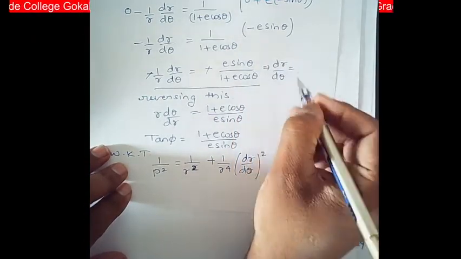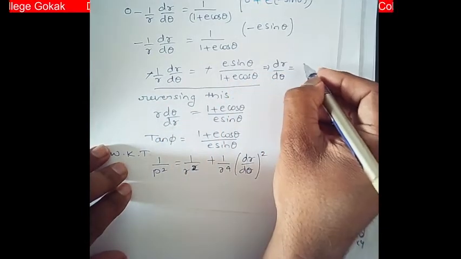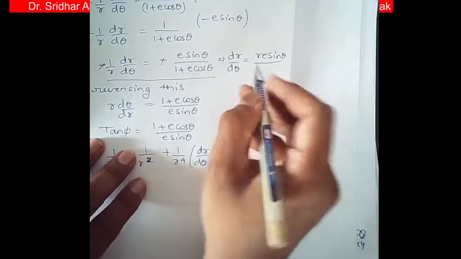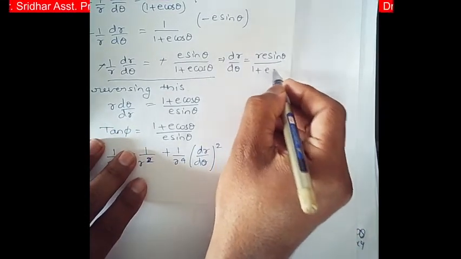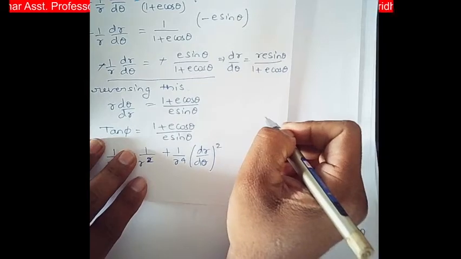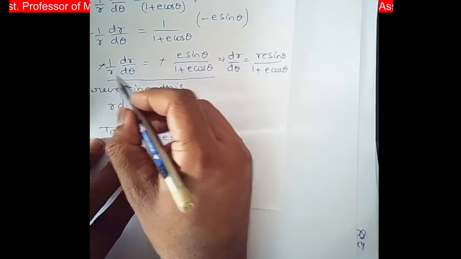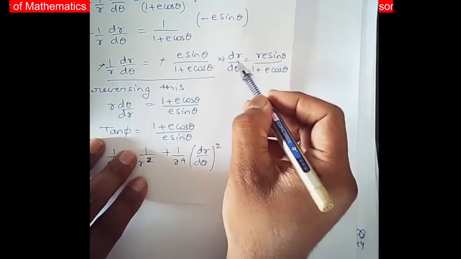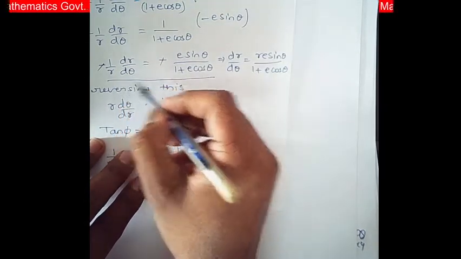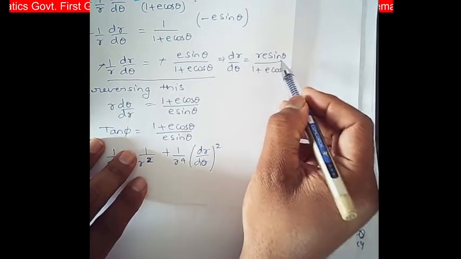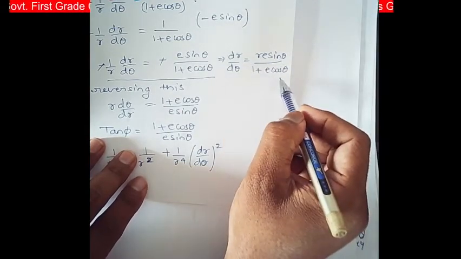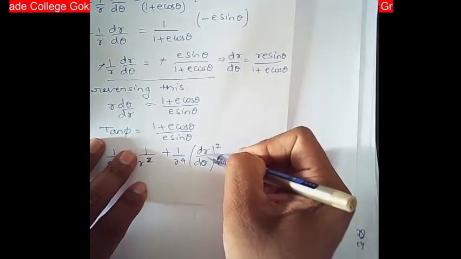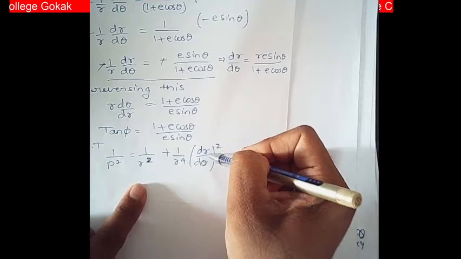So from this equation, what is dr by d theta? Dr by d theta is equal to, cross multiply this, r e sin theta divided by 1 plus e cos theta, okay. From this expression we calculate dr by d theta. Now substitute this value of dr by d theta in this equation, okay.